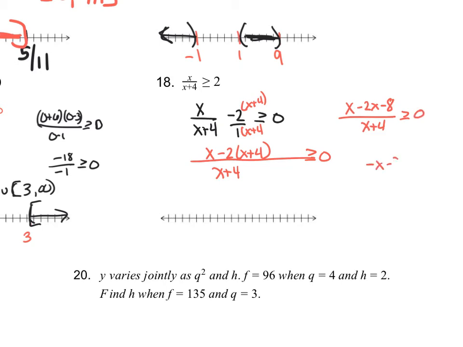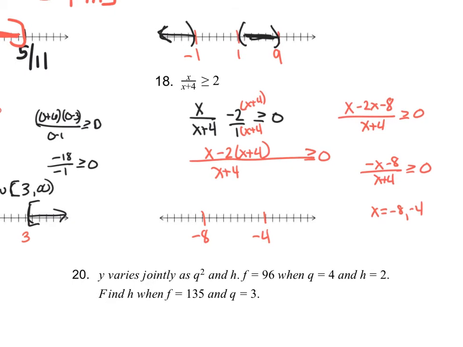So that's negative x minus 8 over x plus 4 is greater than or equal to 0. So when I solve that, I get x equals negative 8 and negative 4. Now this time 0 doesn't lie in between, but I'm still going to pick him because I want to see if he works. So I get 0 over 0 is not greater, so 0 does not work. So here we're going to plot in between. All right.